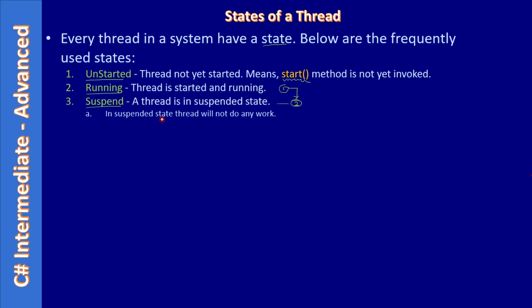In a suspended state, the thread will not do any work. If a thread is executing its current instruction, it will finish that, but it won't move to the next instruction set because the thread is in a suspended state. Some other thread can move the state of a running thread into a suspended state via the suspend call.